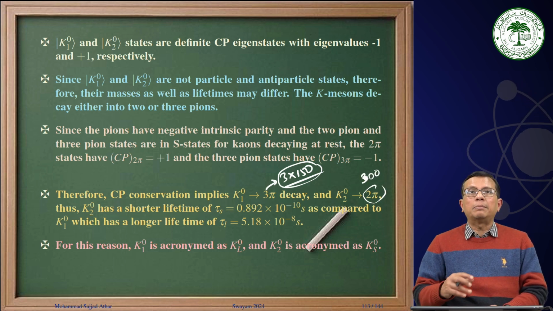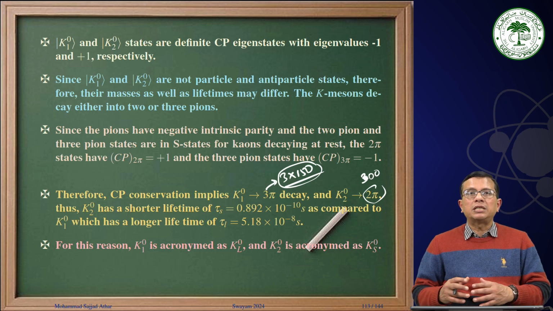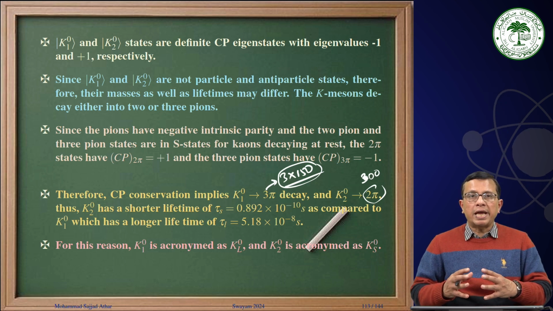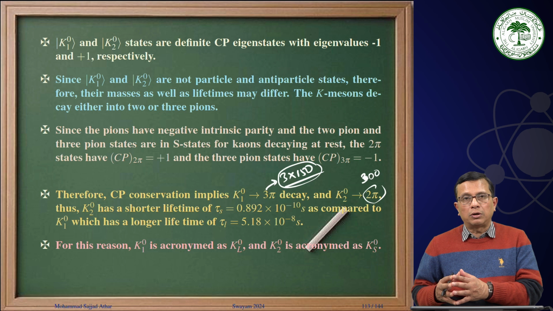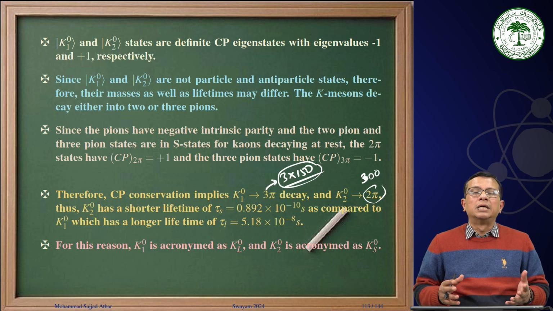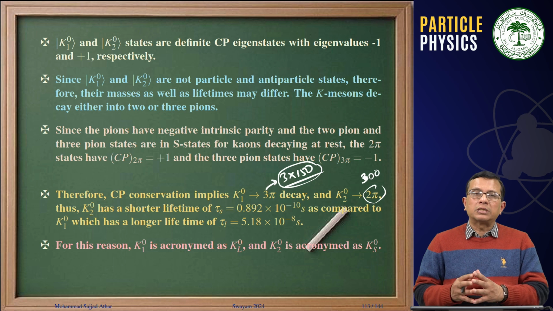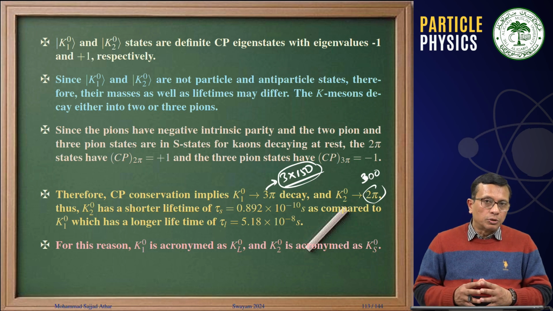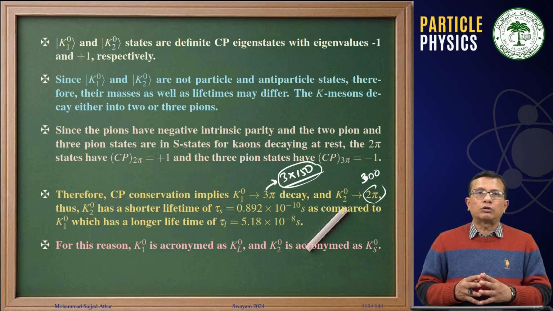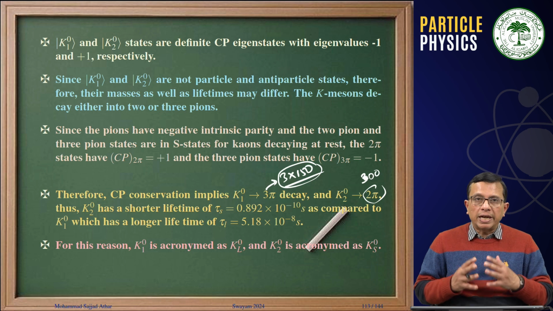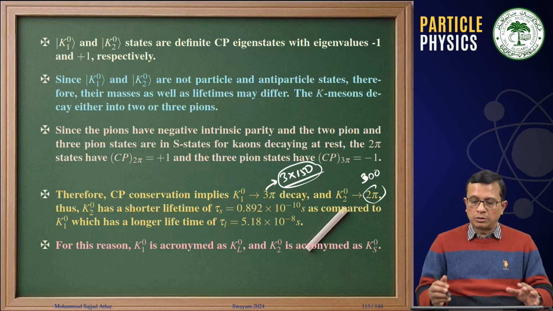Therefore, here you have more phase space available. Therefore, the decay of K20 into 2 pions will be much faster than the decay of K10 into 3 pions, because the phase space available is smaller in the case of K10 than in the case of K20.